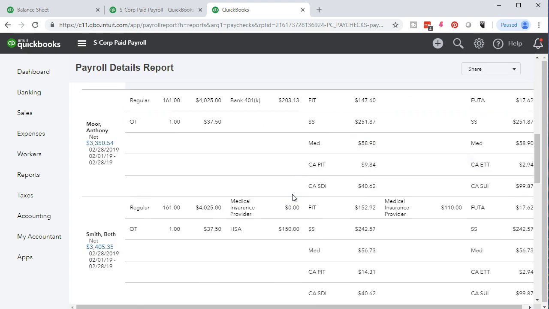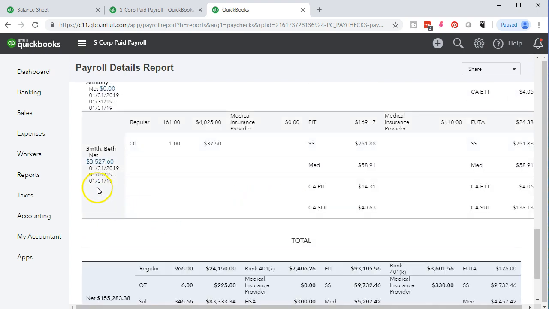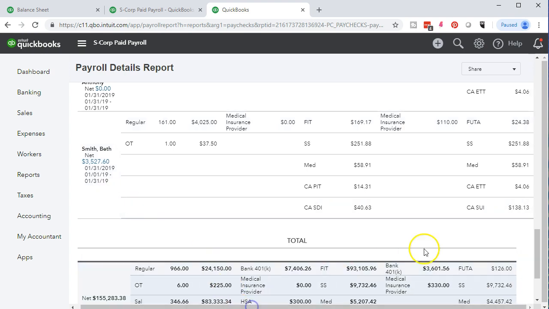And if we scroll down to the bottom, this will break out by paycheck. So we'll see the first paycheck down here for January, and we'll see the employer information being calculated on this side. So this side over here are the employer taxes, and we'll see them listed: FUTA, Social Security, and Medicare, and then California.